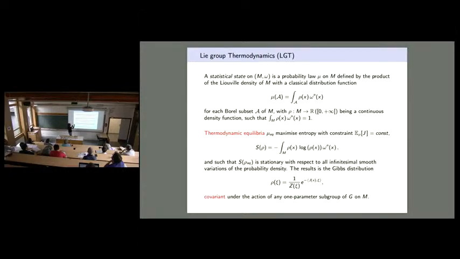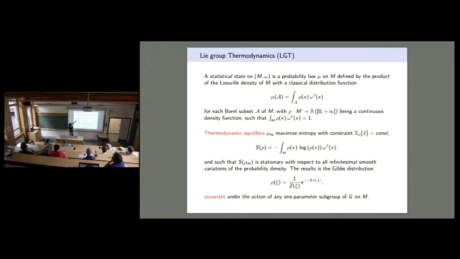In your symplectic manifold, okay, symplectic phase space, you can define in very general terms what you call a statistical state, which is nothing but a density, basically a redefinition of the Liouville density. Once you give me a Borel subset of your symplectic manifold, you define a statistical state with respect to the standard measure on your symplectic manifold.